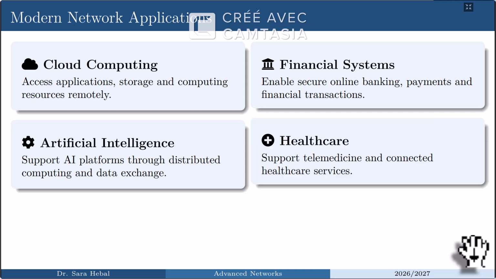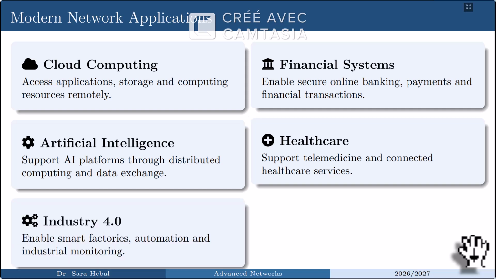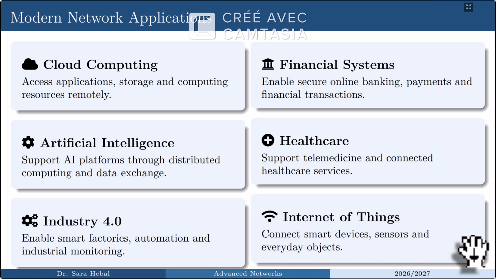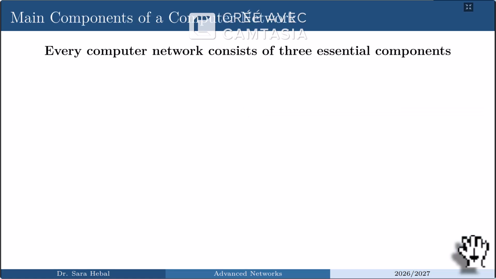Hospitals can exchange medical information instantly, while industries also use networks to automate production systems. Billions of Internet of Things devices continuously communicate through networks. In other words, modern society depends on computer networks.